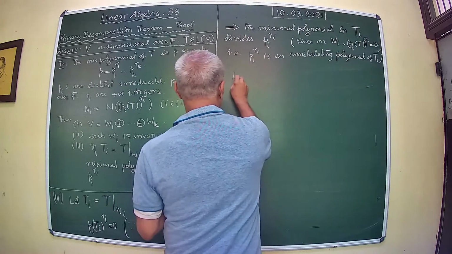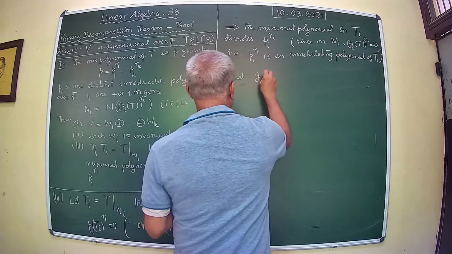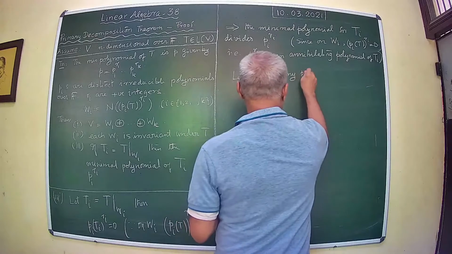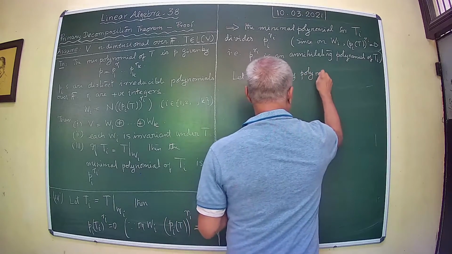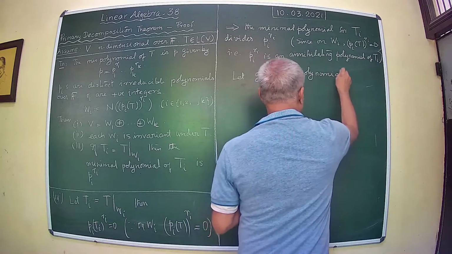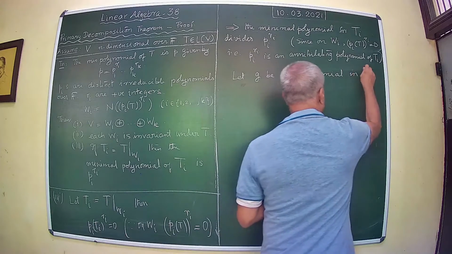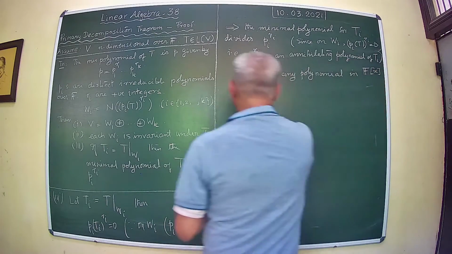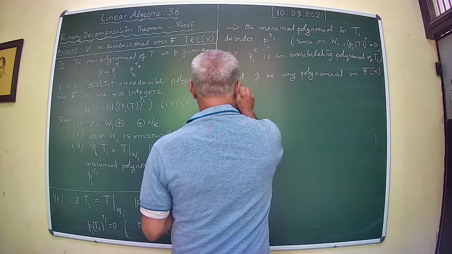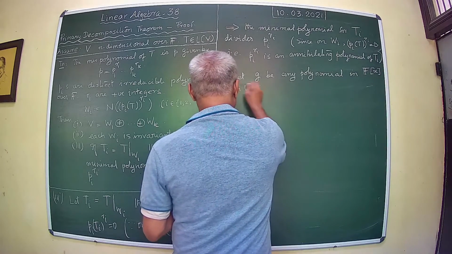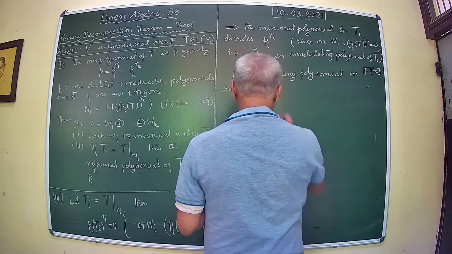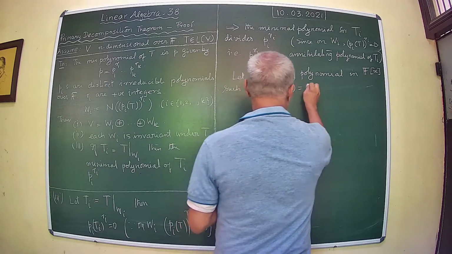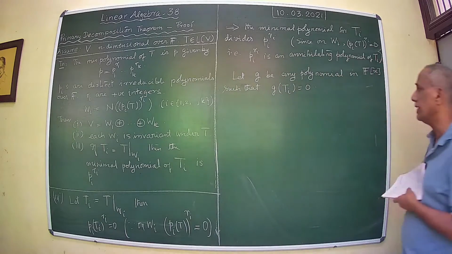Now let G be any polynomial such that G(P_i)... that means G is an annihilating polynomial.